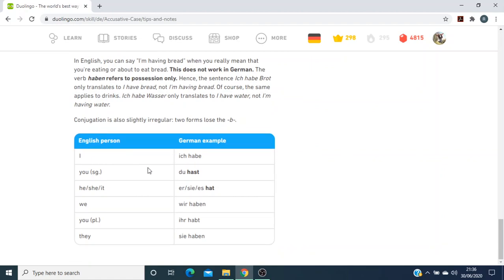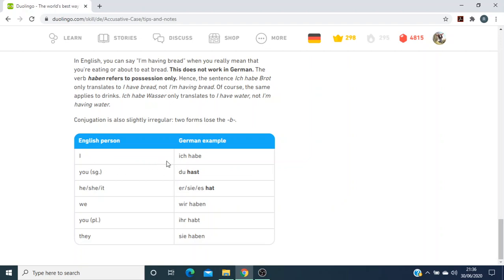So yeah, this is the verb haben, to have. This is the only case I know where the second and third person lose a letter in this way, because most of them either change or add an extra letter and change their pronunciation. But anyway, that's just a little minor thing.